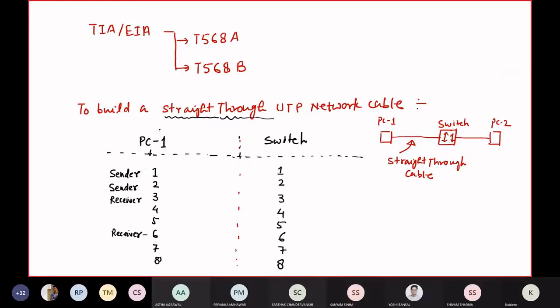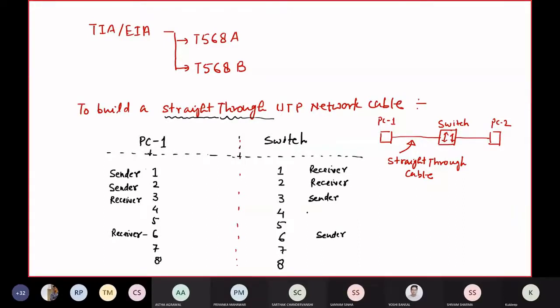On the other hand, if you see the configuration in the switch, pin 1 acts as a receiver, pin 2 also acts as a receiver, and pin 3 acts as a sender, and pin 6 also acts as a sender.